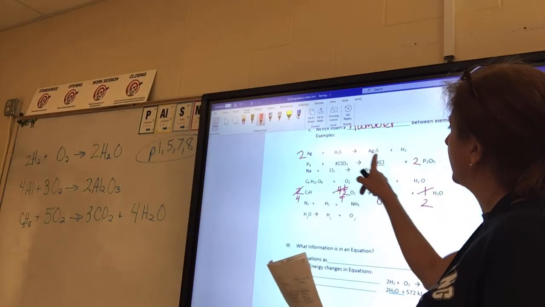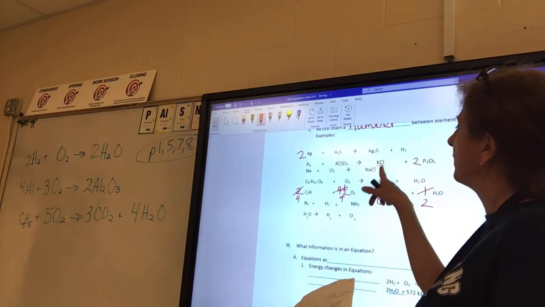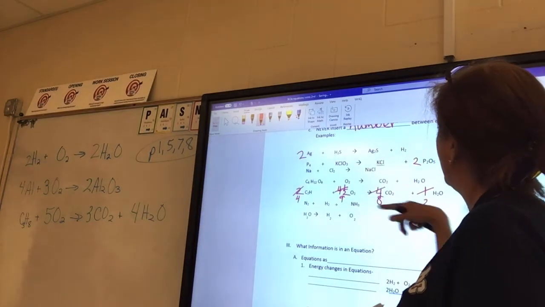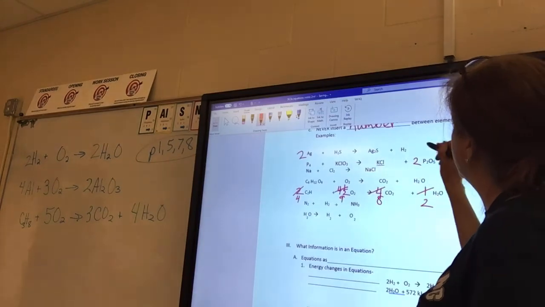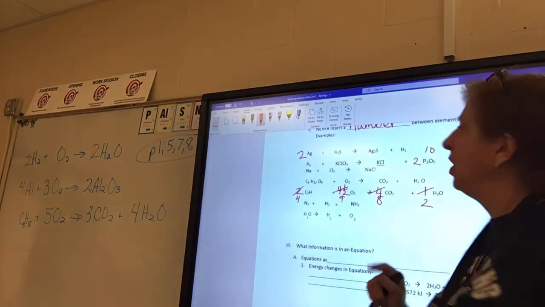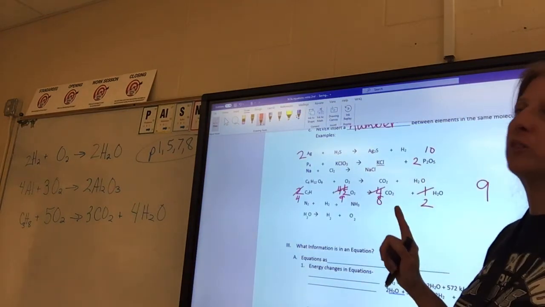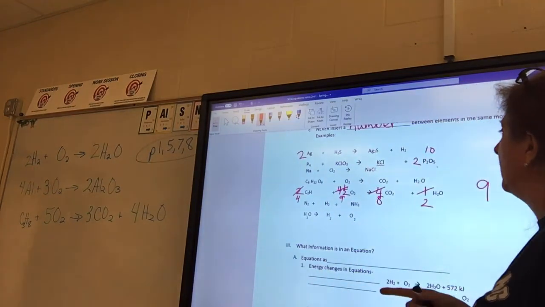Okay, now I've got 1 K, 1 K, 1 Cl, 1 Cl. And I think on one of these you have an uppercase L that should have been lowercase. So correct that. So now I'm going to look at my oxygens. Over here I have 10, and over here I have 3. Well, if I look for the least common multiple of 3 and 5, it's 15.